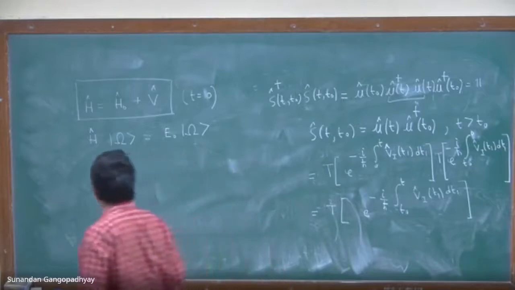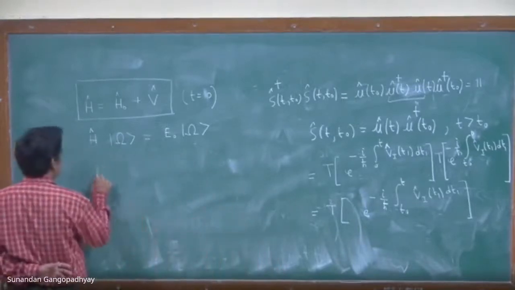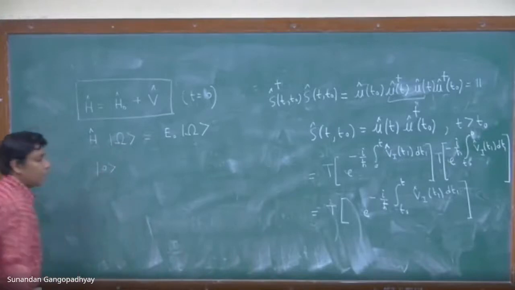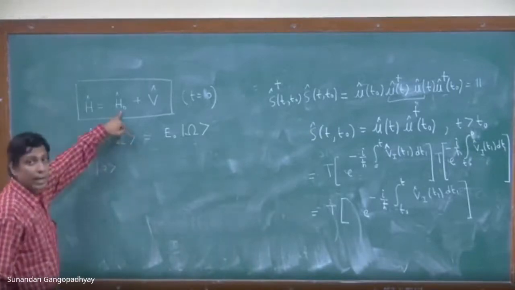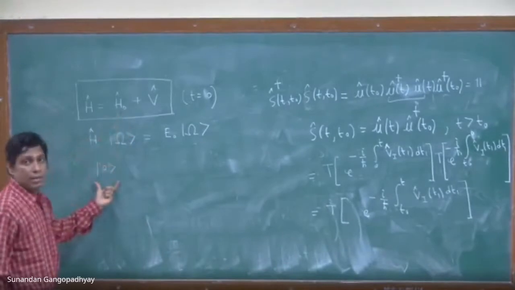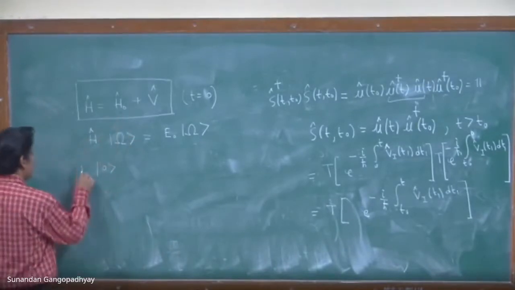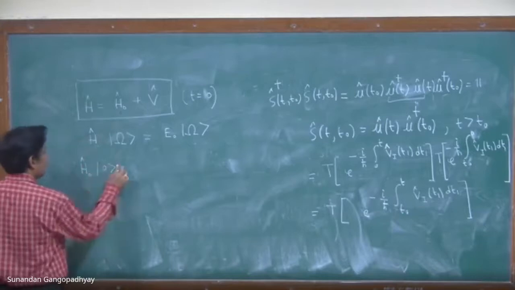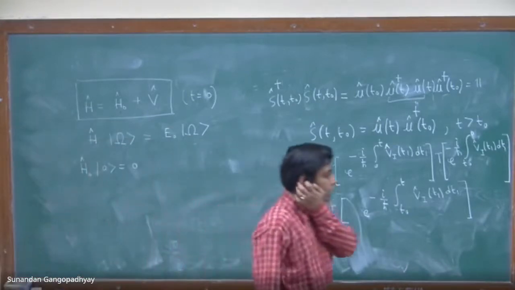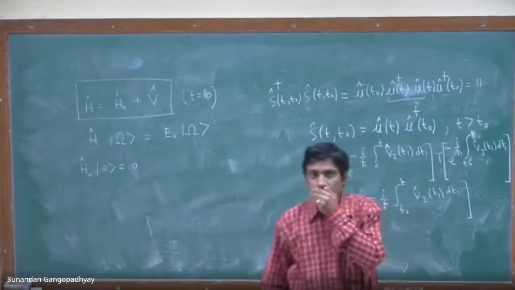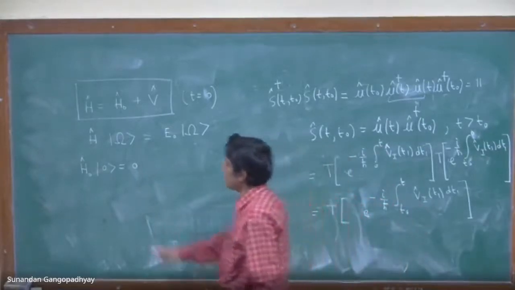Let us also denote the state of minimum energy, or the ground state, of this Hamiltonian H naught by this state ket 0. And we know that this state has energy 0, because it is the state of minimum energy.